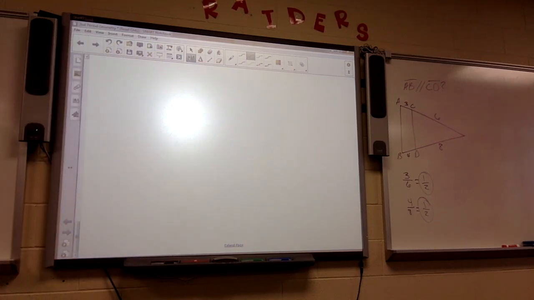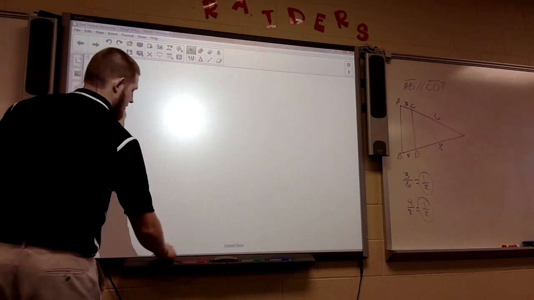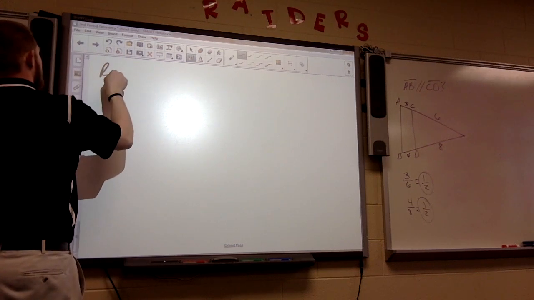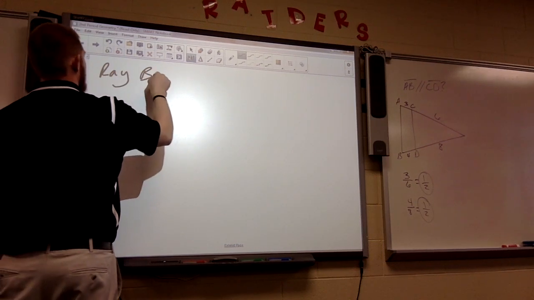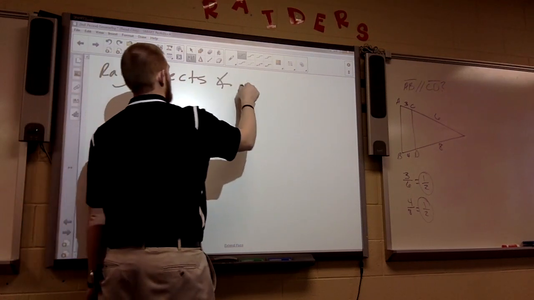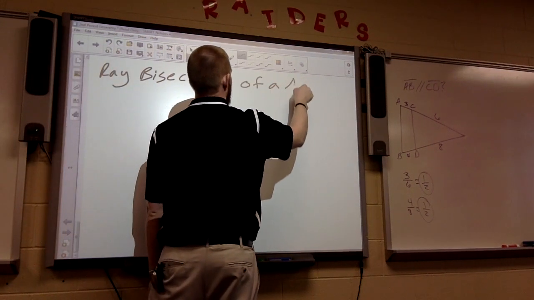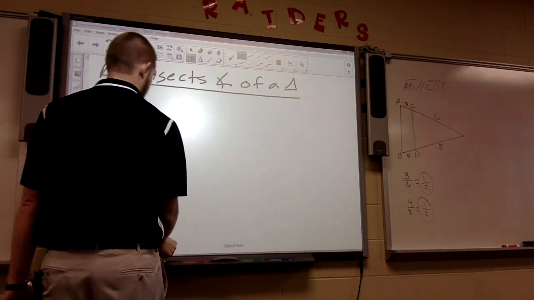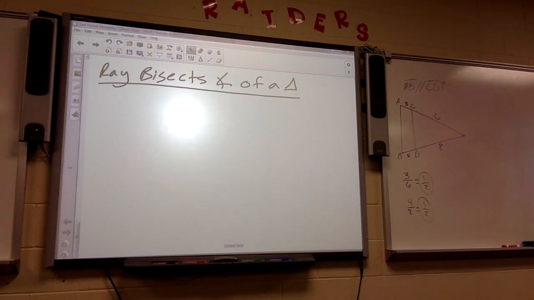is a ray that bisects an angle of a triangle. So what's going to happen in these type of diagrams? A ray's going to bisect an angle of a triangle.